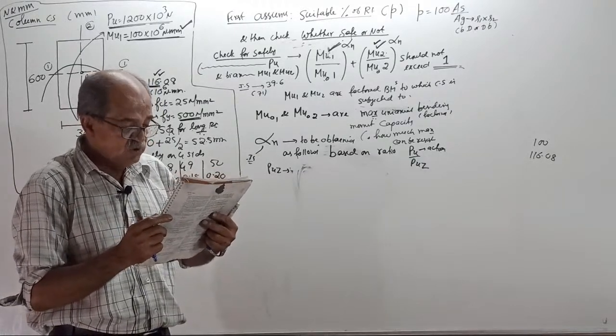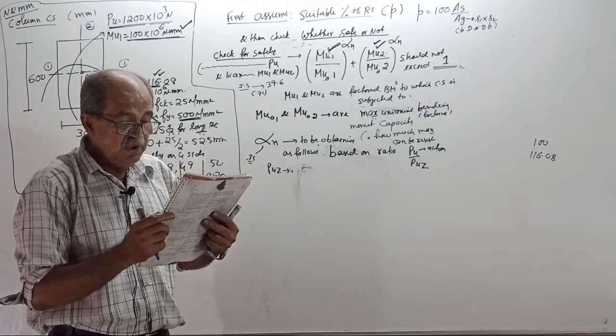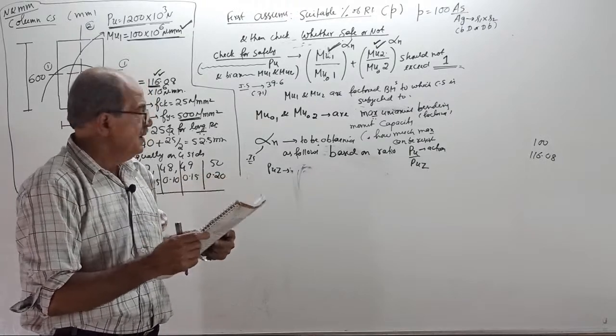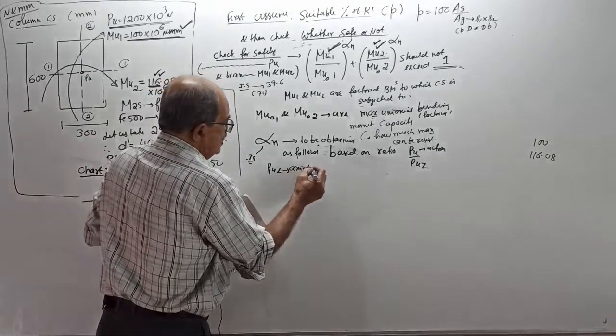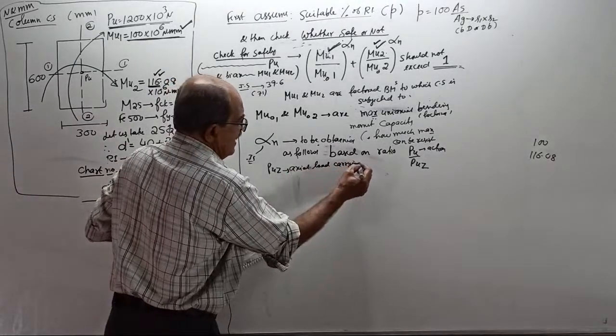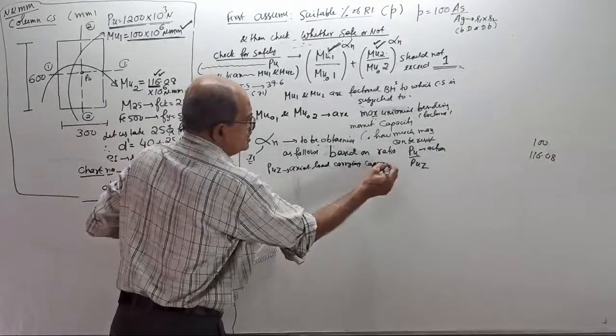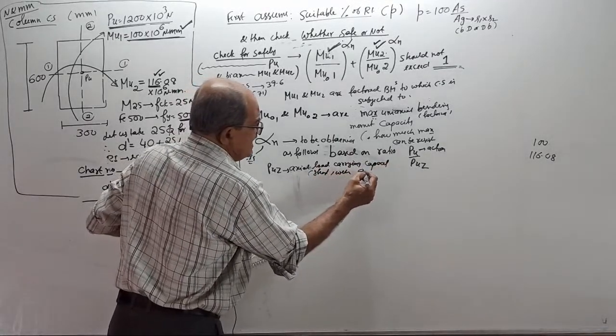PUZ means axial load carrying capacity for a short column without considering eccentricity.